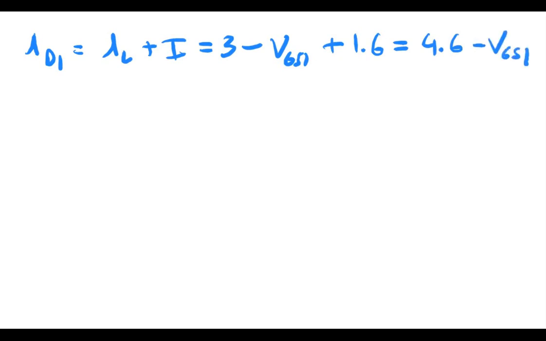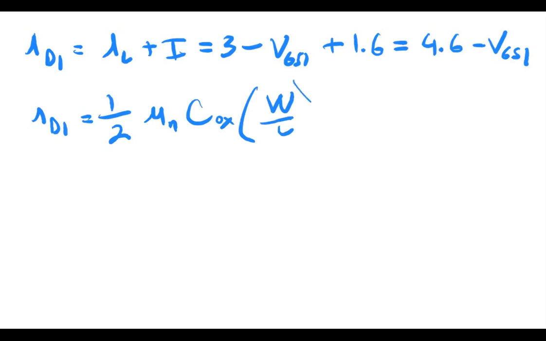If I substitute that into the transistor equation for transistor 1, which is 1/2 mu n Cox W/L (VGS1 minus VT) square, I can find what VGS1 is.